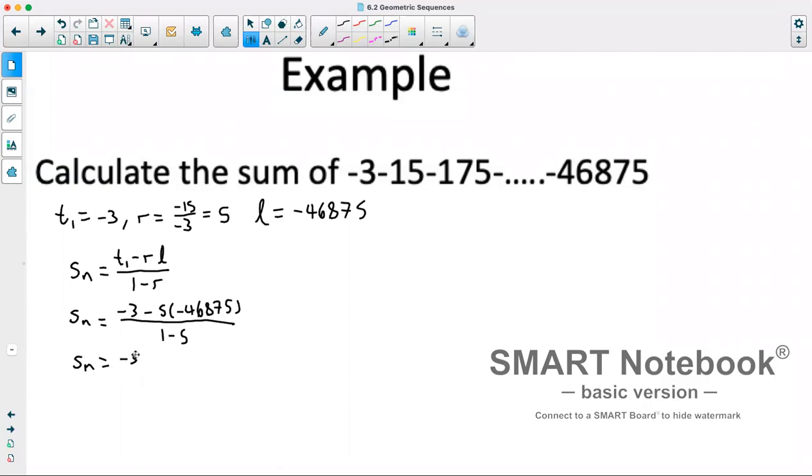So we have -3 plus 234,375 divided by -4. Calculating this gives us a sum of -58,593.